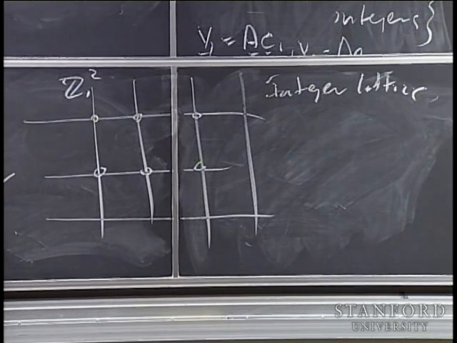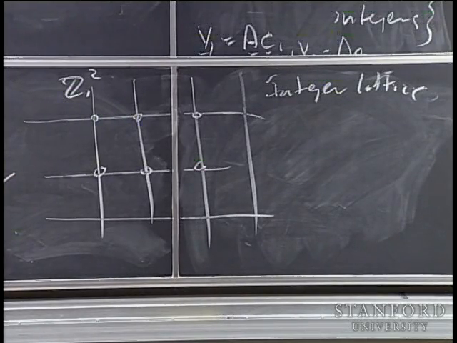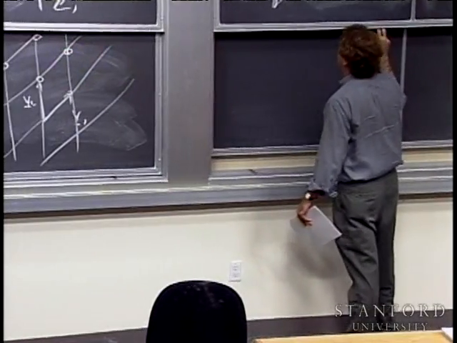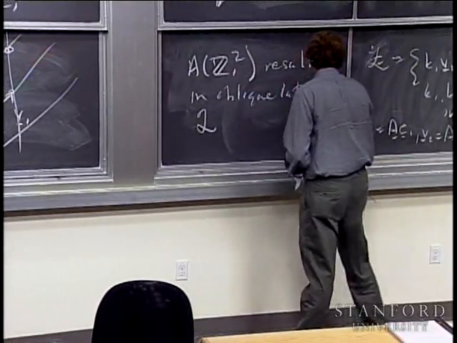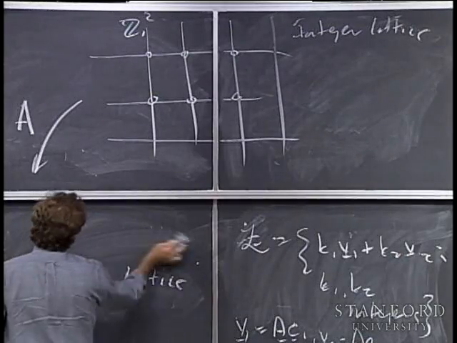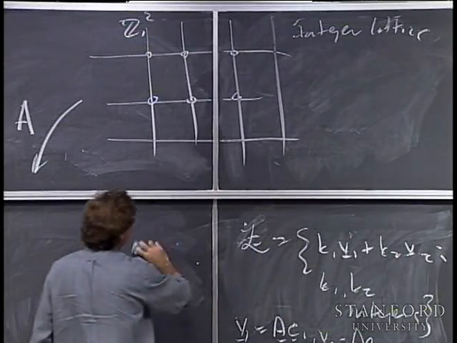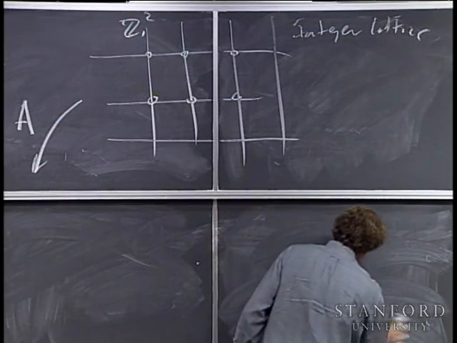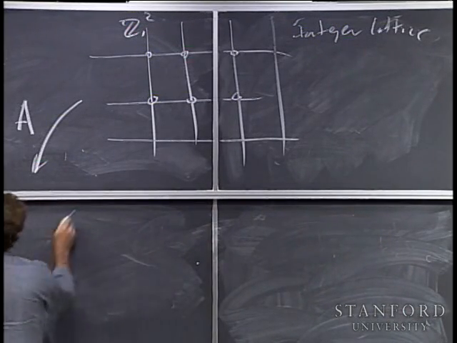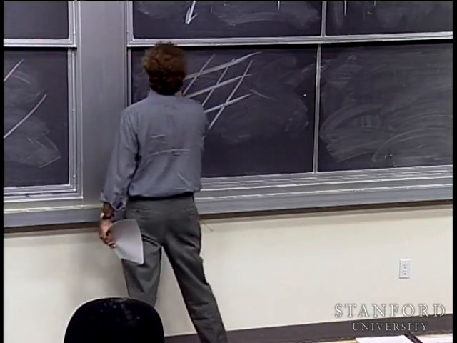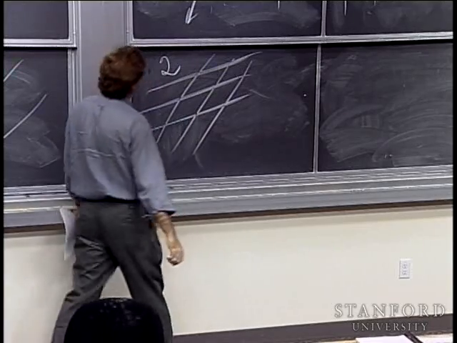I have my linear transformation A that's going to go down to the oblique lattice L. That's the lattice that I'm starting with. Here's the oblique lattice L.